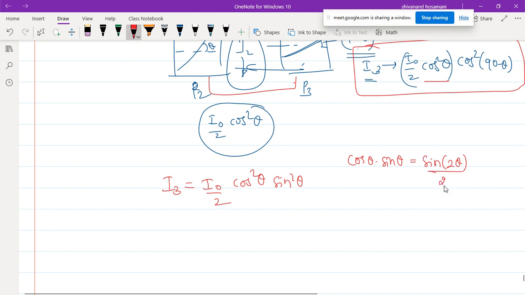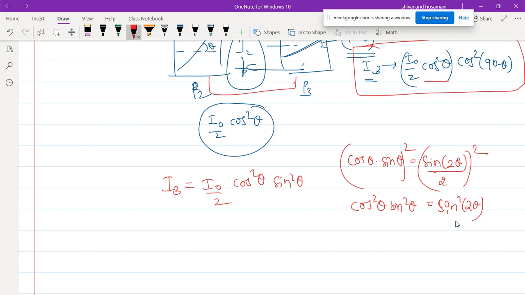Square both sides: cos square theta sin square theta equals sin square of 2 theta divided by 4. Then substitute back: I3 becomes I0/8. Therefore it is I0/8 into sin square 2 theta.